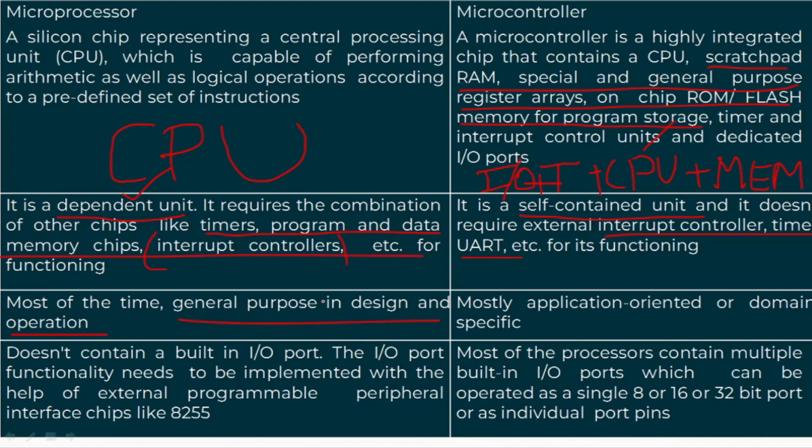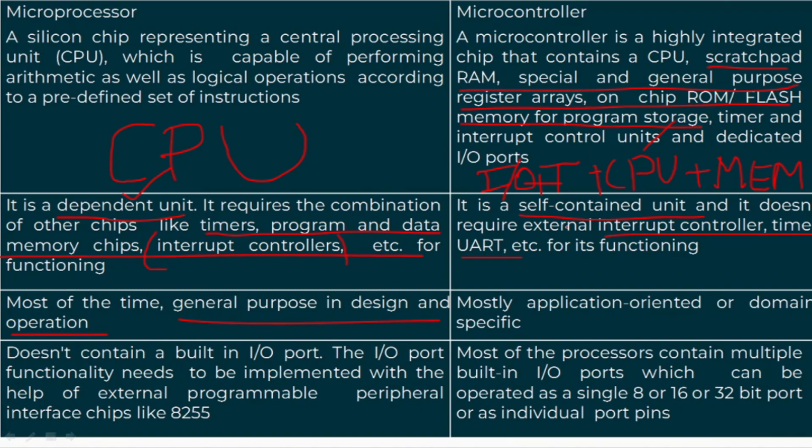This is also easy to understand because we should be able to connect this particular processing unit, your microprocessor, to other required components. So if it is general purpose, it can be easily incorporated in multiple cases. And if it's not compatible with the other components, if it is difficult to work with that particular microprocessor, so it's generally general purpose in design.